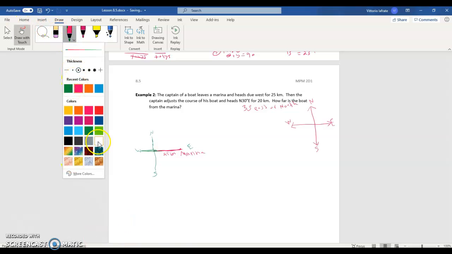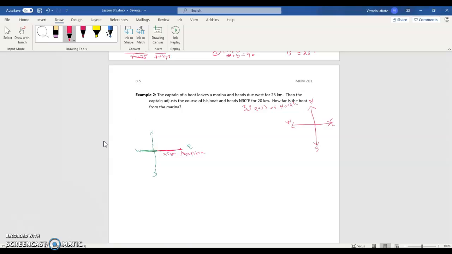And so the captain started to go north, but with a 30-degree angle to the east as well. So this angle is 30 here. And we did that for 20 kilometers.